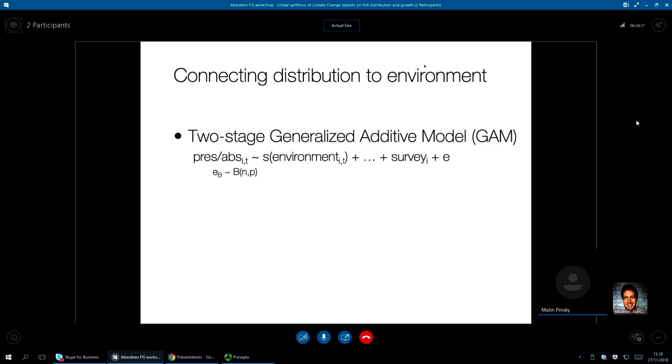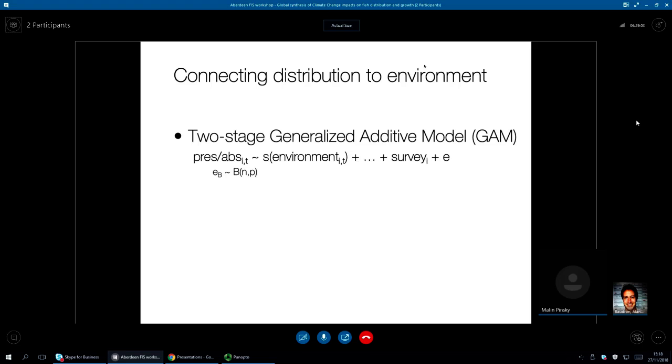And then we also combine maybe many environmental terms there, as well as a function of the survey. We've done a lot of work trying to combine across different surveys in the Northeast US. So we've included, at least so far, just a fixed effect for surveys. Some surveys are more effective at capturing a given species than others. And in this case, a binomial error term.